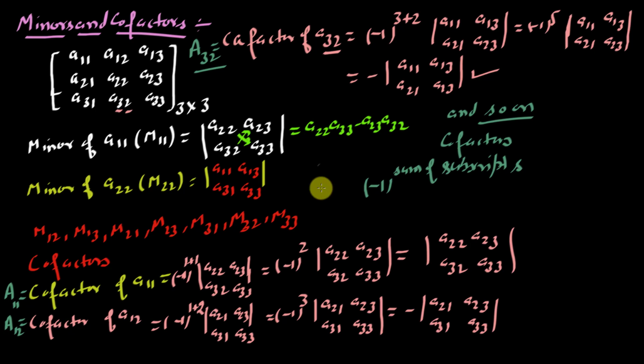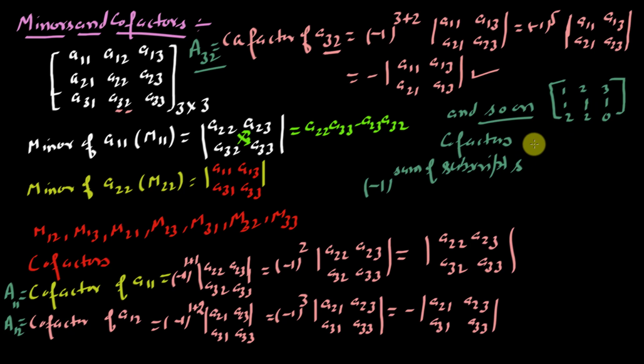Let us take an example. Say the matrix is 1, 2, 3; 1, 1, 1; 2, 2, 0.